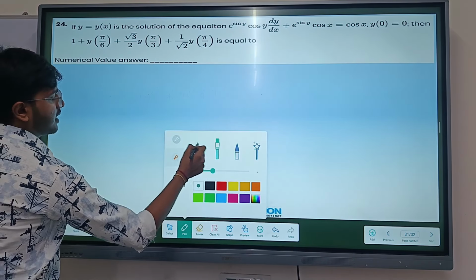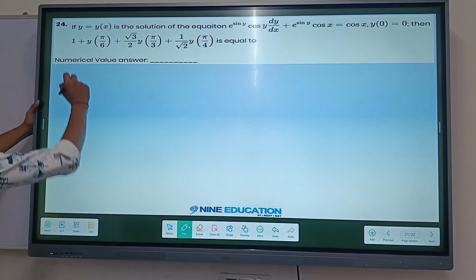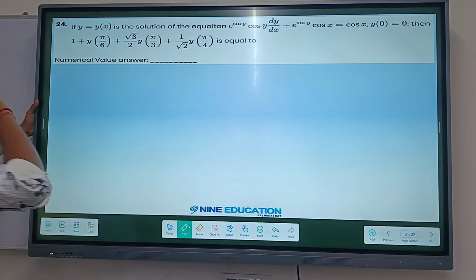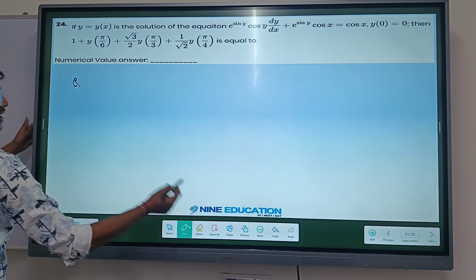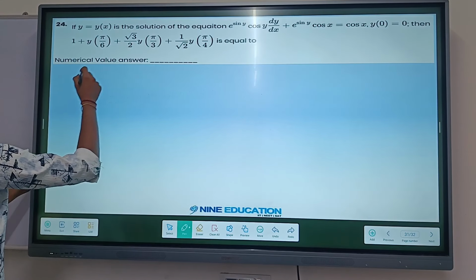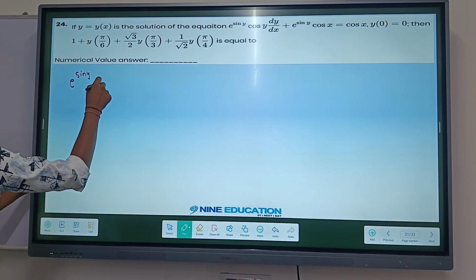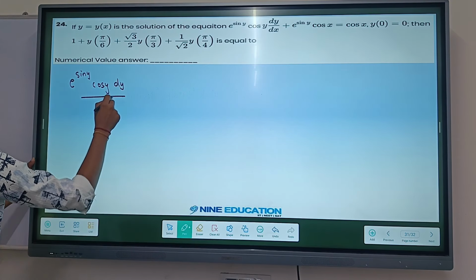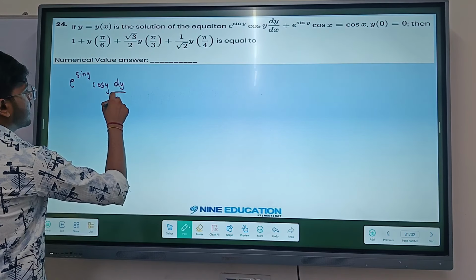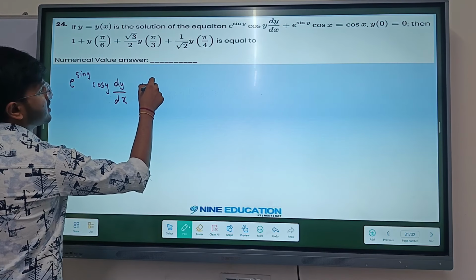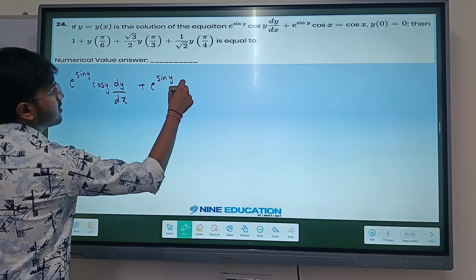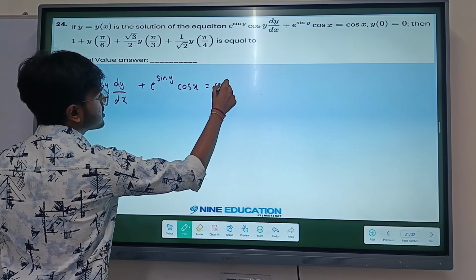Can I think in exact differential equation form? How can I think? In this equation we have e power sin y cos y dy by dx plus e power sin y cos x equal to cos x.